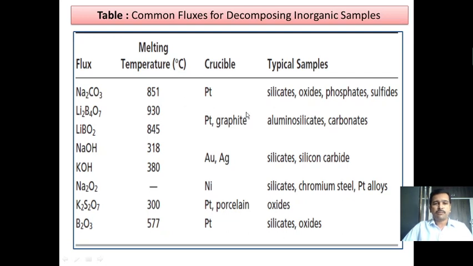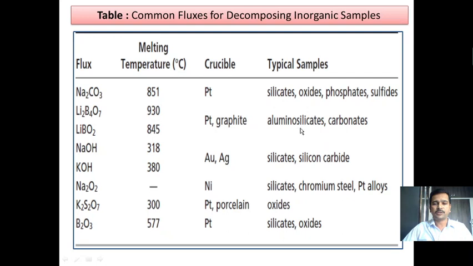The flux sodium carbonate will give you a fused material of silicate or oxide or phosphate or sulfide, and that will be easily soluble in dilute HNO3 or dilute HCl or water. And lithium tetraborate can be heated to 930 degrees Celsius in a platinum or graphite crucible for aluminosilicates and carbonates.